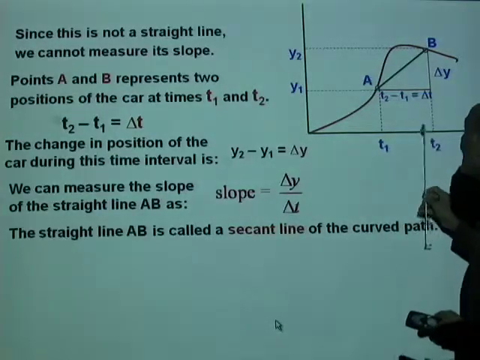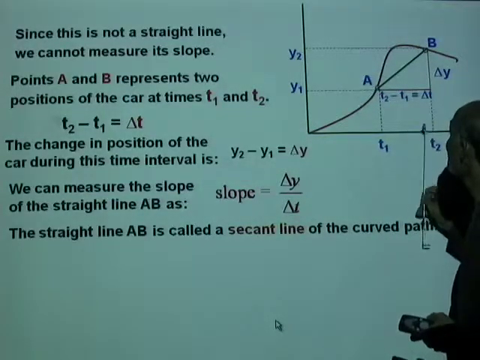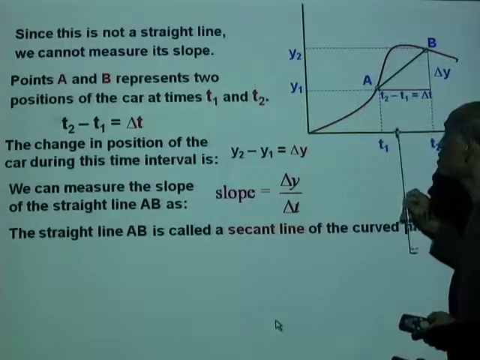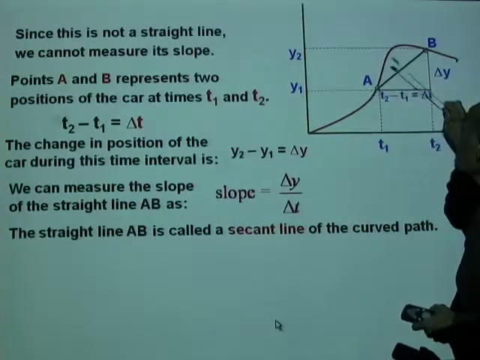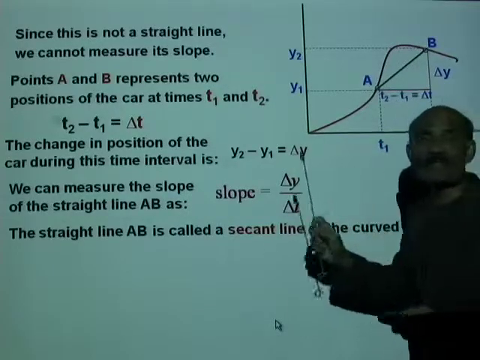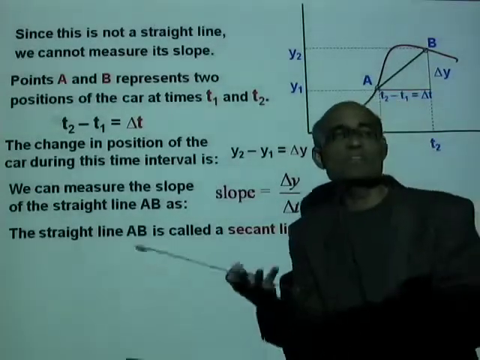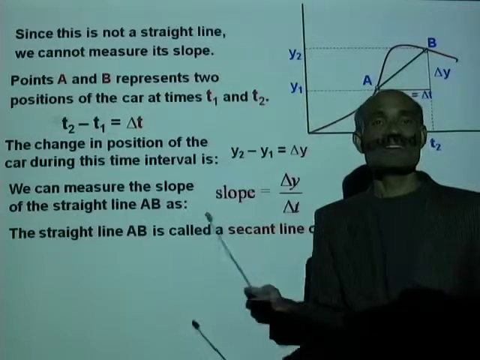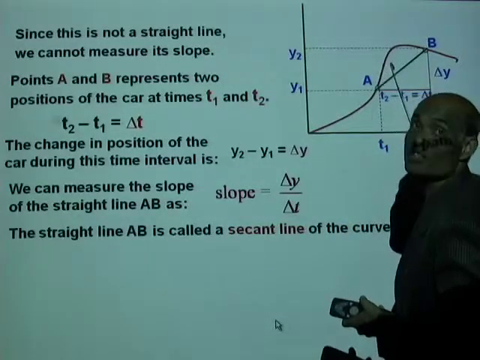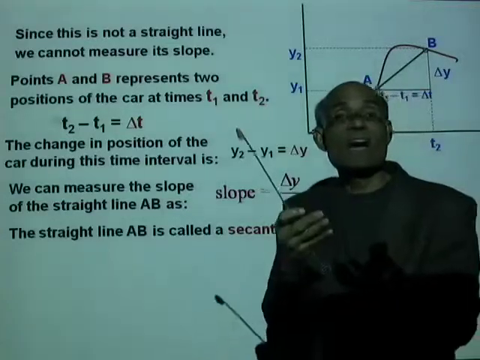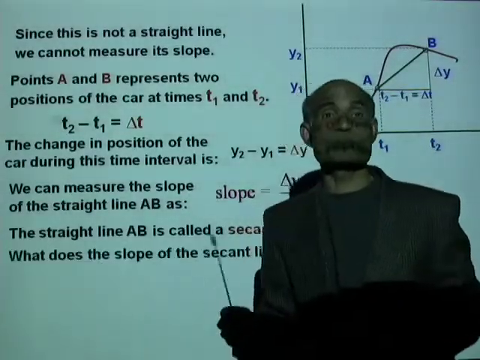If you take the change in position of the car during a time interval delta t, this delta y by delta t actually represents an average change in position of the car. You see, the change in position doesn't remain a constant, but you can find an average change in position.